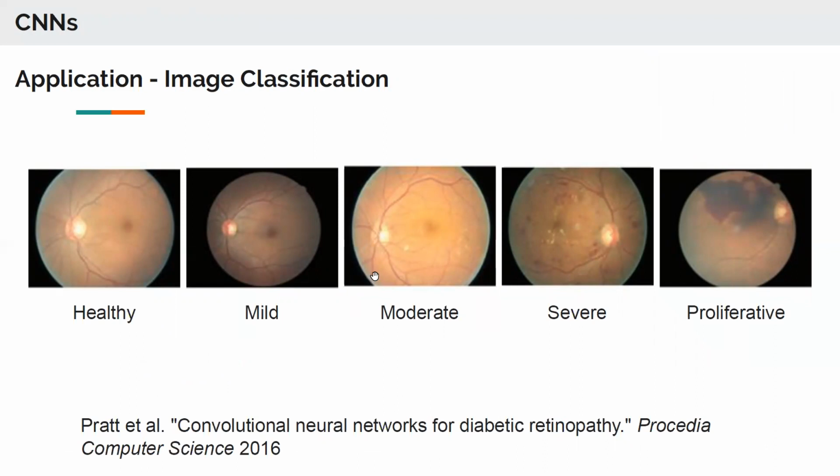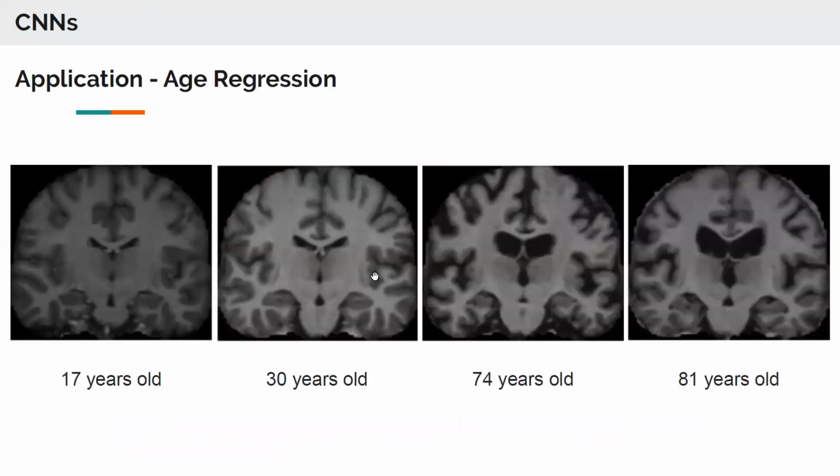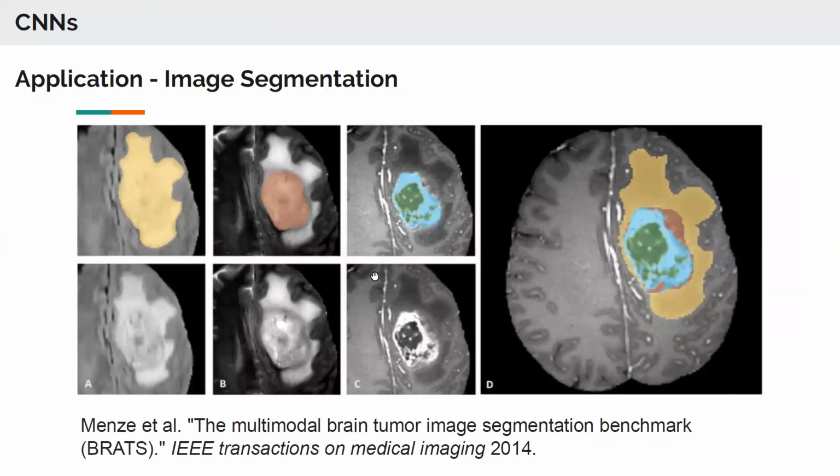So for example, you can have image classification tasks like this, where you want to classify the input image into one of several categories, or a regression task like this, where you want to, for example, predict the age of the person based on their MRI scans, or image segmentation tasks where you would like to predict for each pixel in the image whether it belongs to the tumor or not, and if to the tumor, whether it belongs to a specific type of tumor or not.